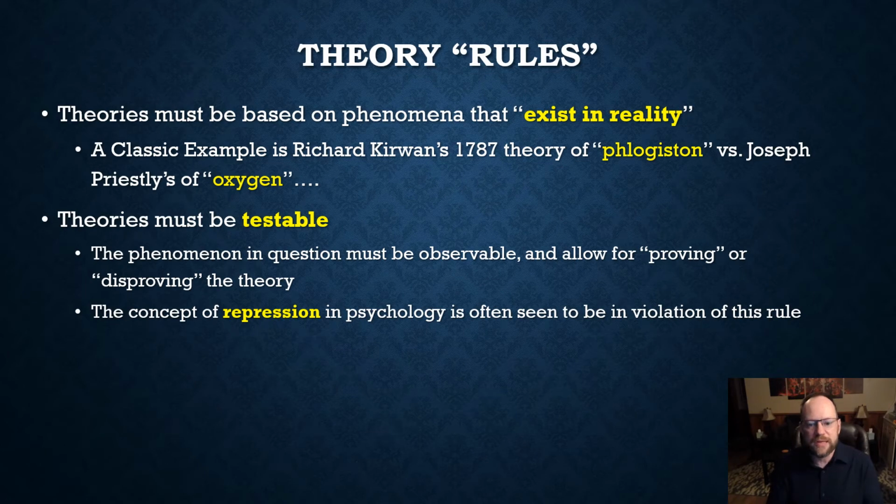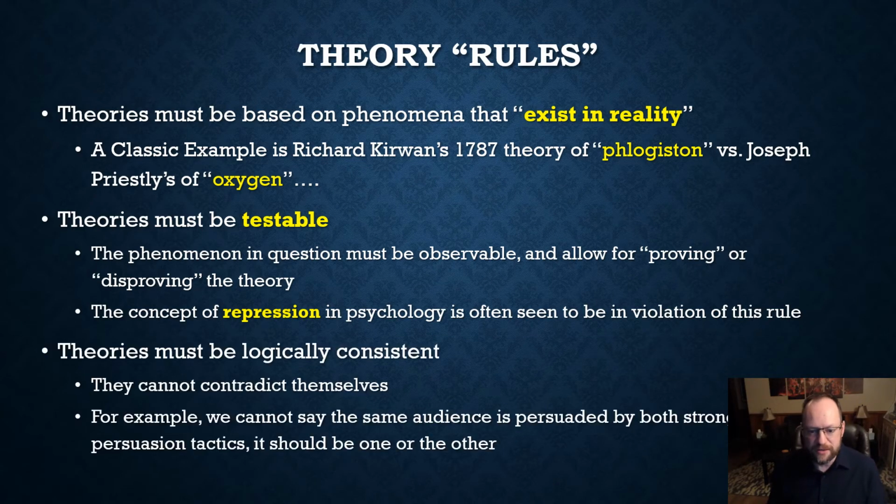So people would say that the concept of repression is not really testable because repression itself does not exist. So that's kind of that gray area. You know, we developed scales over time and observation techniques that help us to overcome this. But a lot of people would say that repression is not testable because it does not really exist, and therefore we cannot prove or disprove it as a theory.